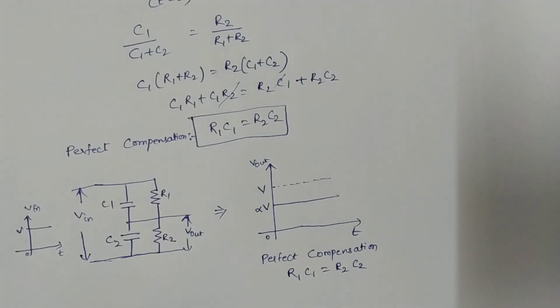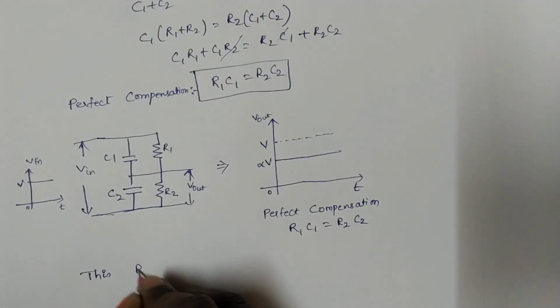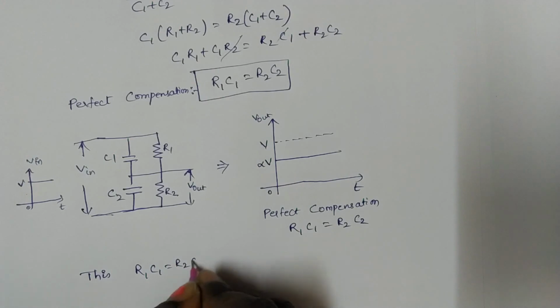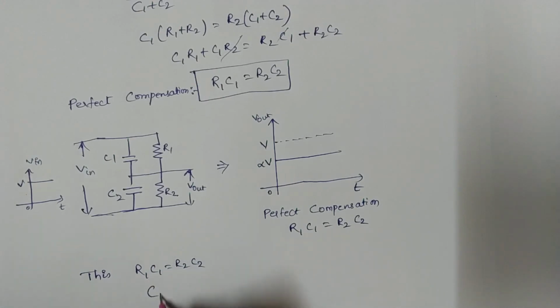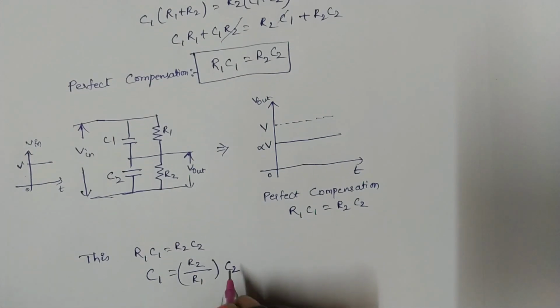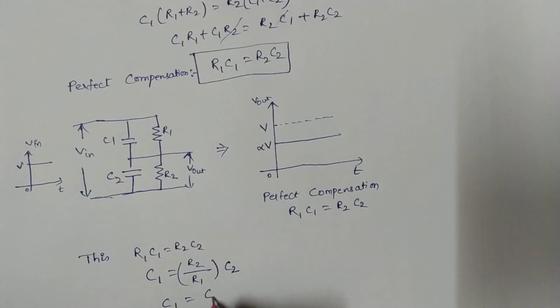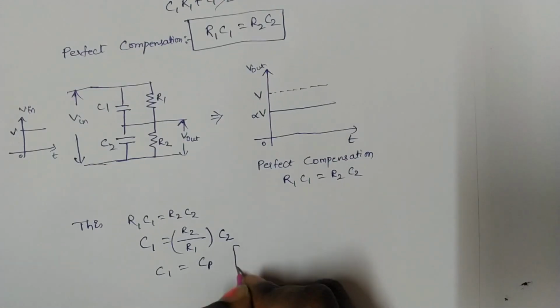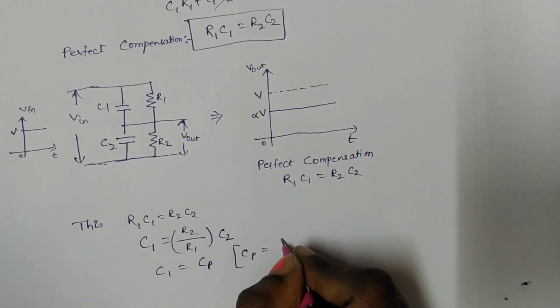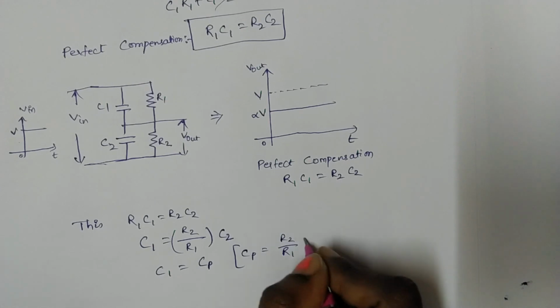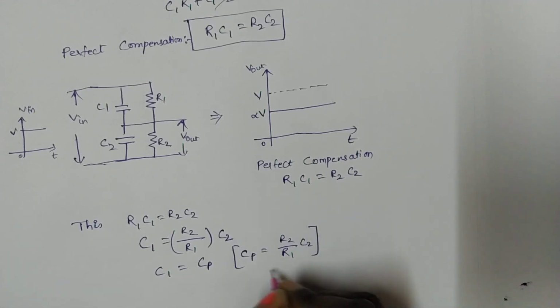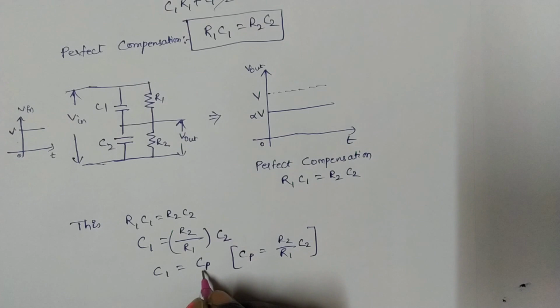This condition we can also write as R1 C1 equal to R2 C2. Here C1 equals R2 by R1 into C2. Here C1 equals Cp, where Cp is nothing but R2 by R1 into C2, which is called the balanced condition.